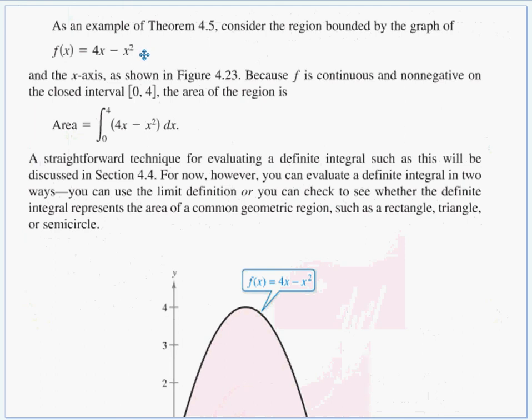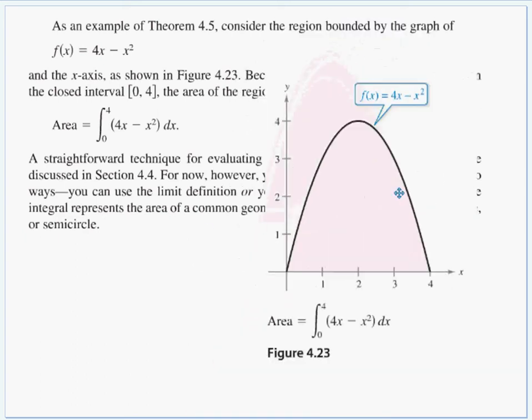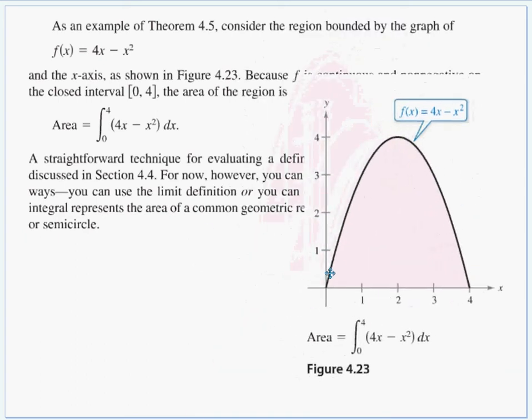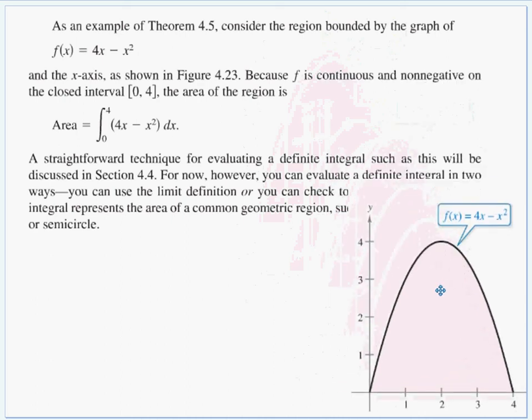All right, as an example of theorem 4.5, consider a region bounded by the graph of 4x minus x squared. That's going to be a downward opening parabola. And the x-axis will be our bottom boundary for that. Because f is continuous and non-negative from 0 to 4, as we see here in the picture, the downward opening parabola will hit at the origin and hit at x is 4.